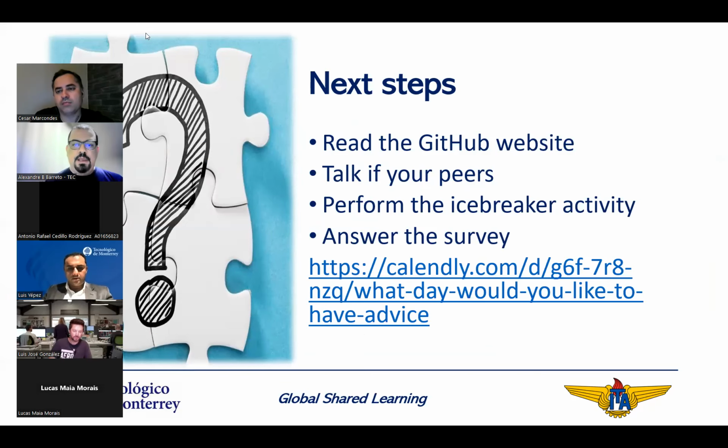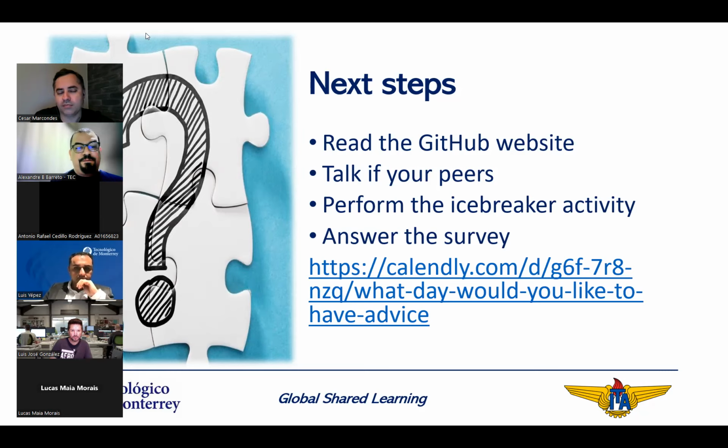The next step, read the GitHub website. It's very important. All the information is there. You don't know how much time we spent creating this website, okay? Talk with your peers. Use Slack to talk about anything that you want. Oh, for example, do you love soccer? There are nice teams in Mexico. There are nice teams in Brazil.